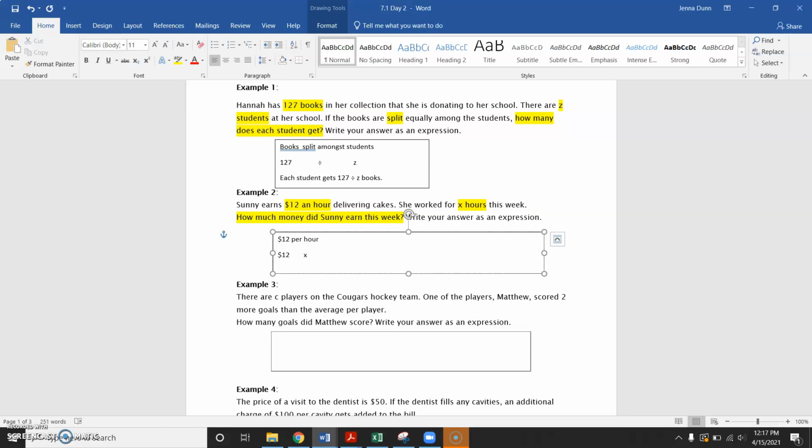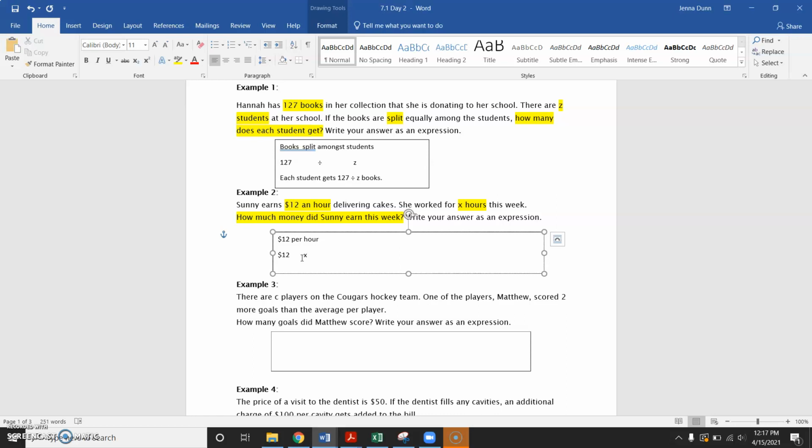She worked X hours. We now have to decide what is the operation that's happening. And sometimes they'll tell us specific words that help us, just like split told us division, or if we saw added to, or the total of, or the product, we would know what operation is being done. But here it doesn't specifically say that.